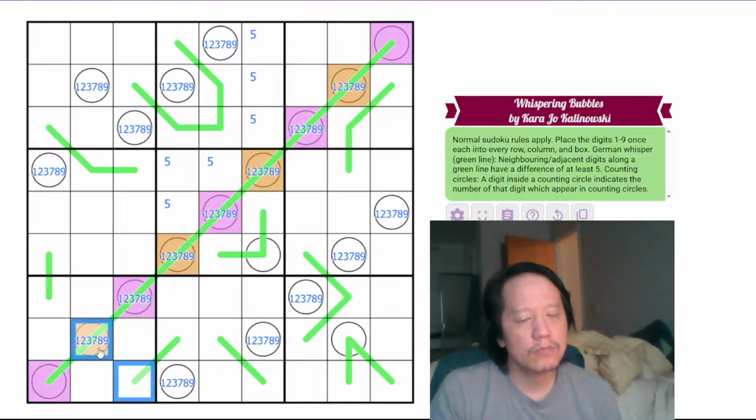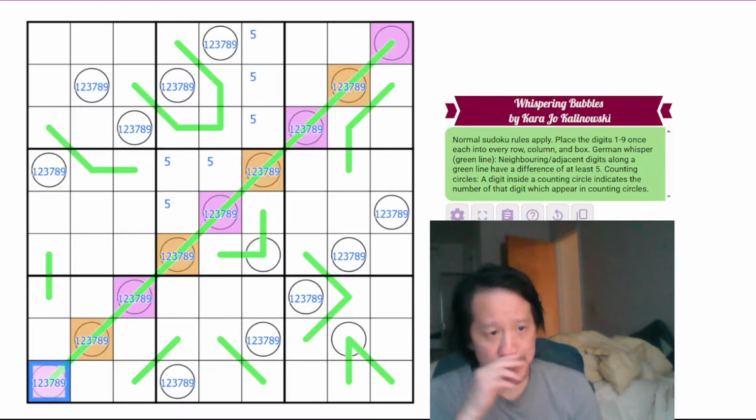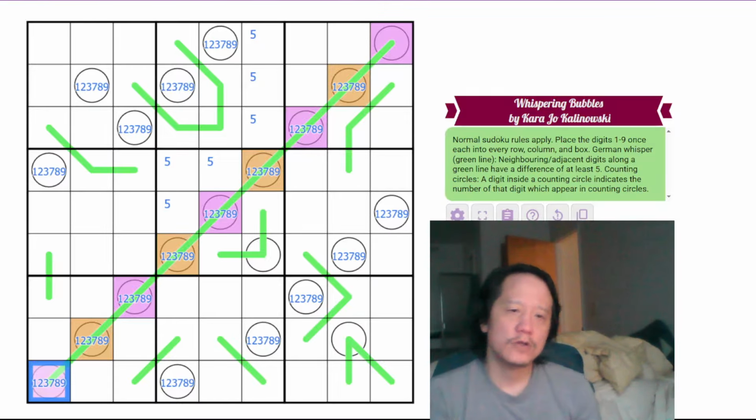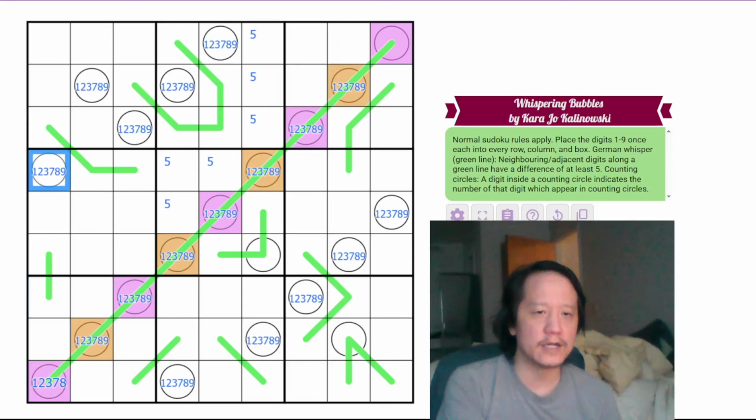1, 2, 3, 7, 8, 9. So this can never be a 9. If you have a 9 guaranteed in the circles, this is always the 9. So this can never be 9, and this can never be 9.